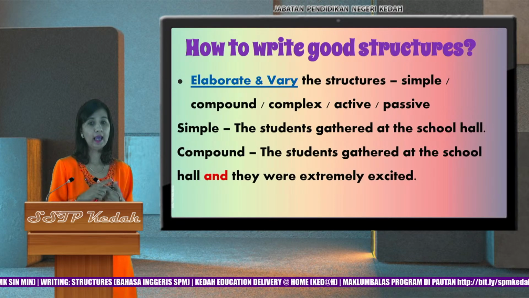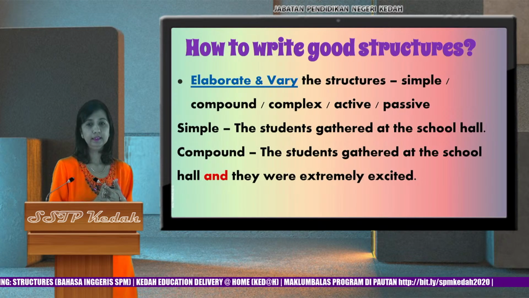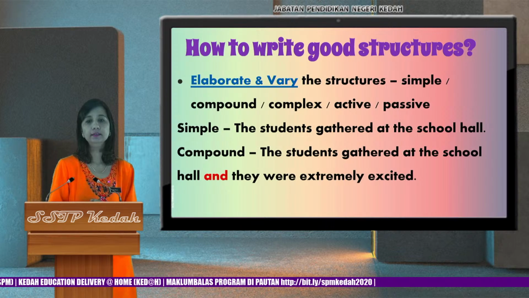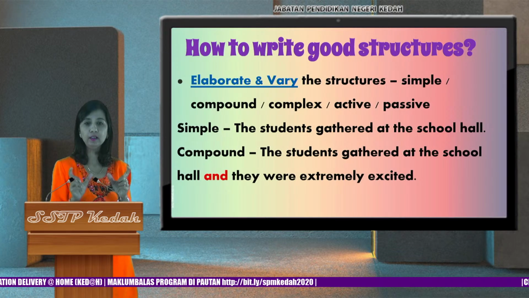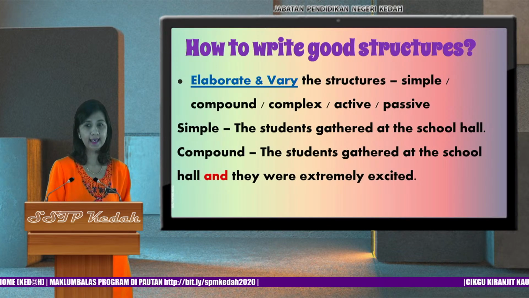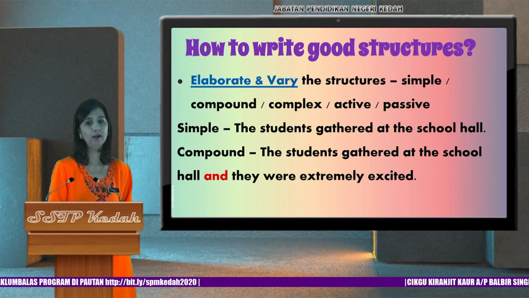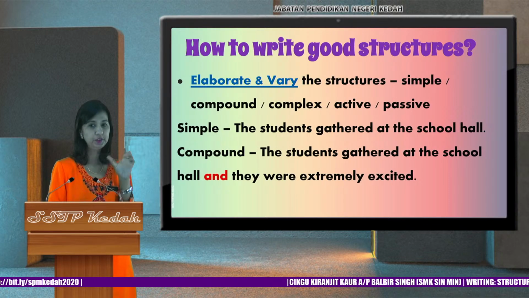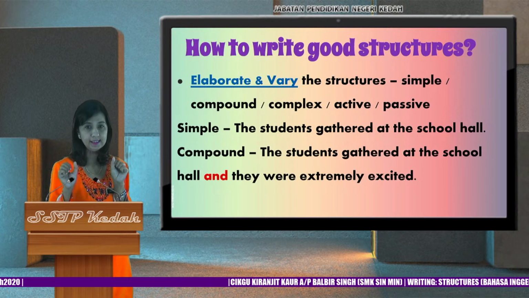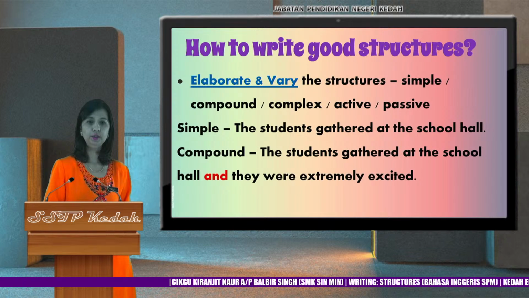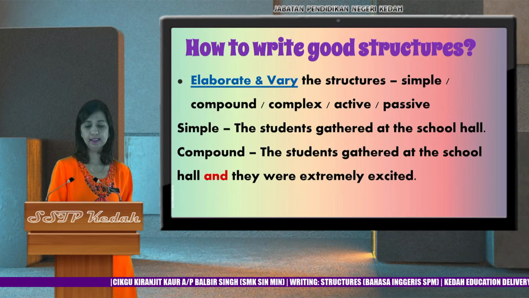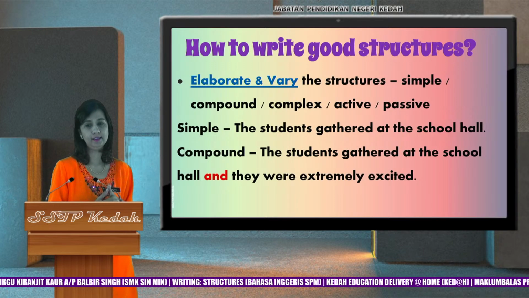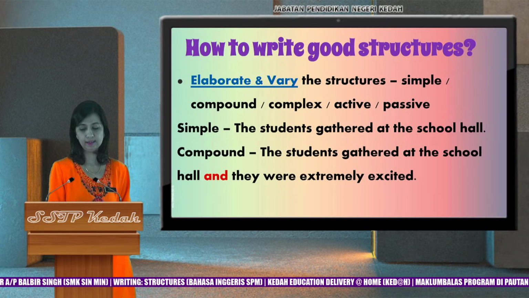For example, and, but, so, or, yet. Okay, right. So the example here, how you expand on a simple sentence. The students gathered at the school hall and they were extremely excited. So you have two complete sentences joined using a connector. In this case it is and, and then you have a long sentence. Okay, so this is a compound sentence.